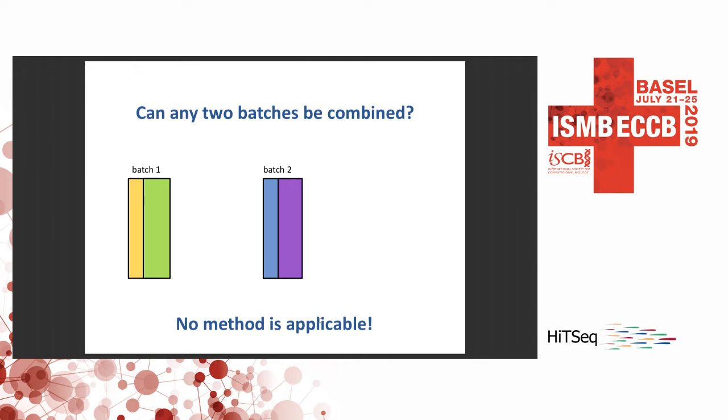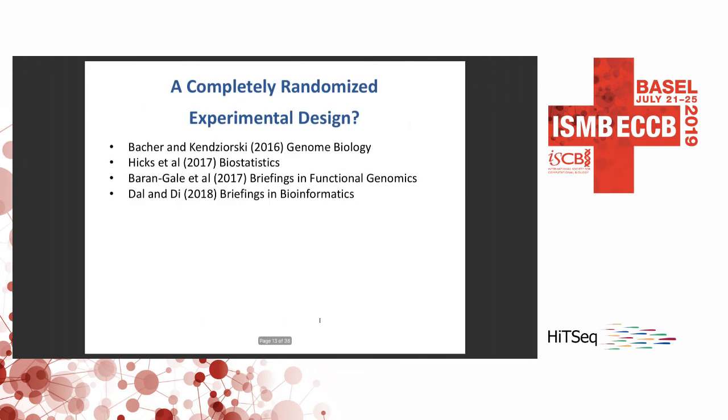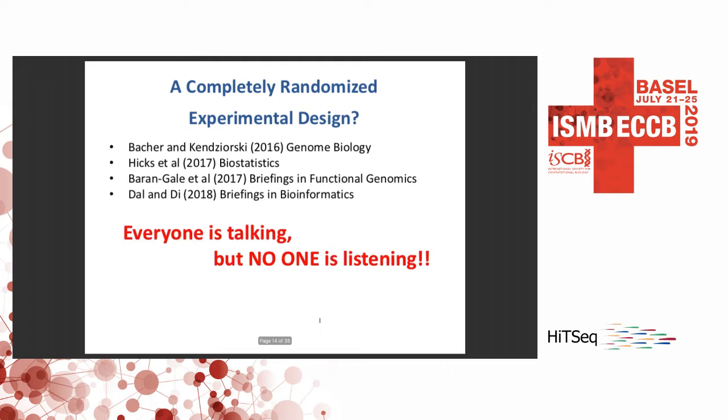People have long been aware of the danger of a confounded experimental design. From the very early days of single-cell RNA sequencing experiments, people have kept advocating that we should use a completely randomized experimental design. But unfortunately, everyone is talking, but no one is listening. Why is that the case?